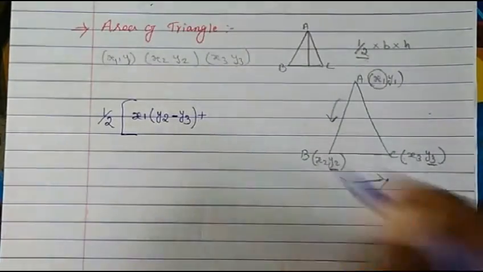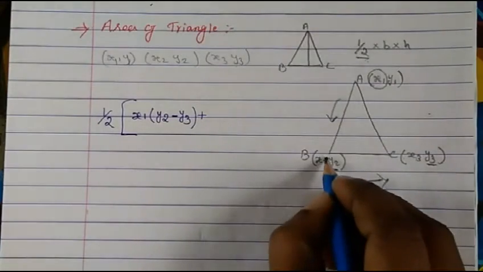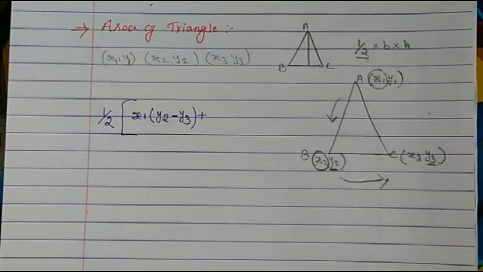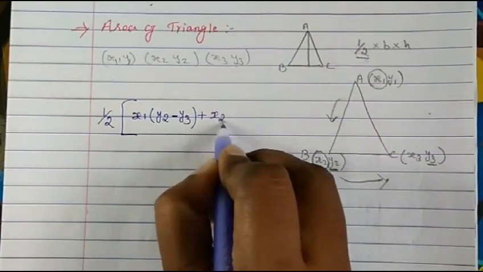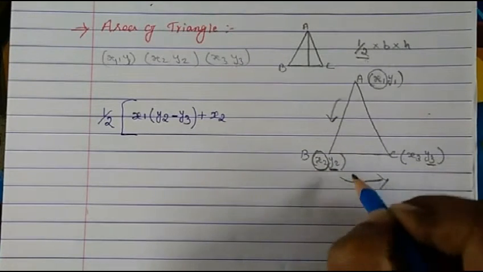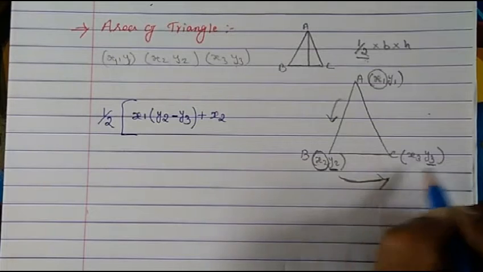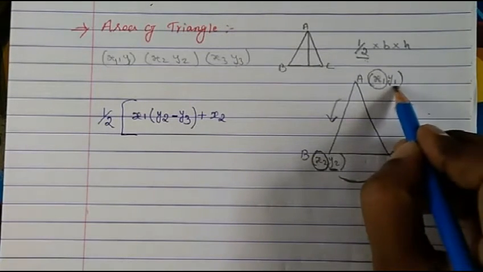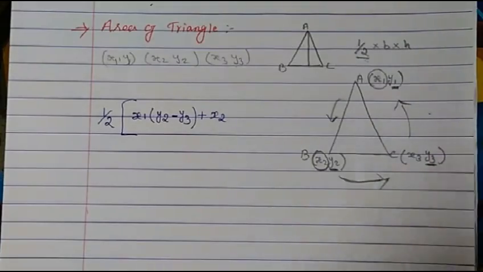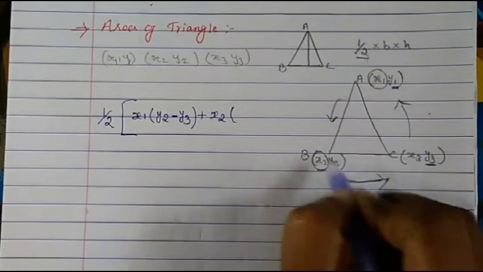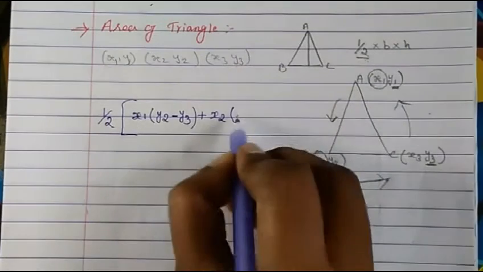Then plus, now you will take x2. When you take x2, the cycle begins in this direction only. So you will start with y3 and then it goes to y1.